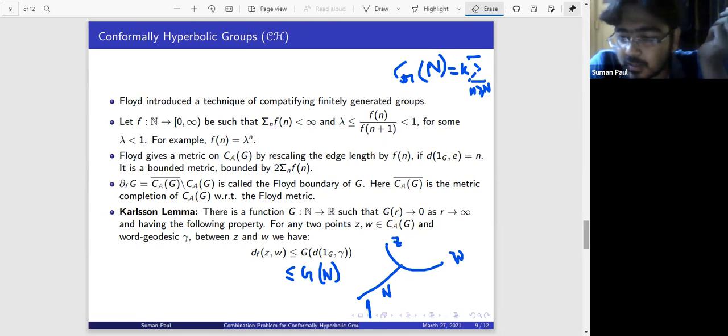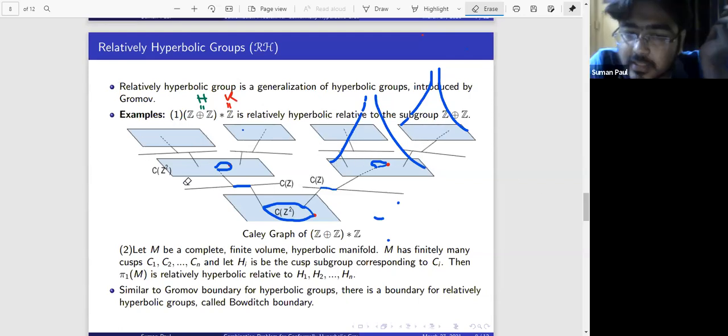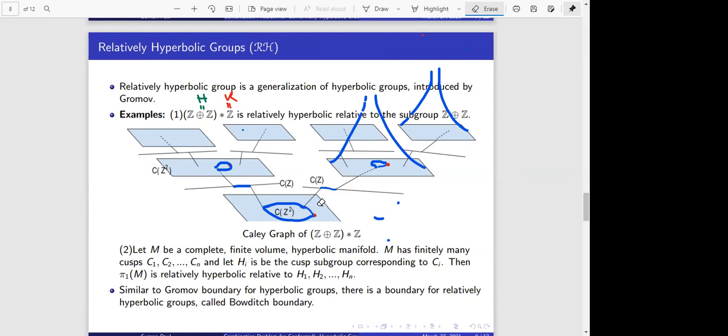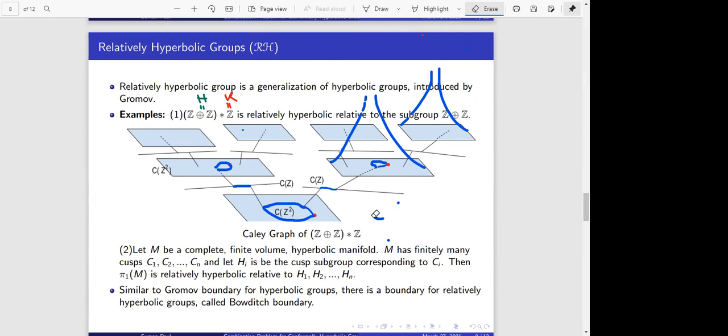I am saying that if you scale the edges in this augmented graph, not in the group, then what we get as the Floyd boundary, is that the same as the Bowditch boundary?